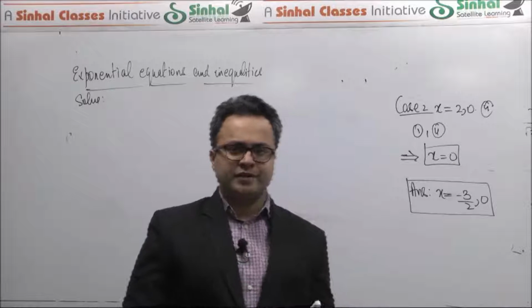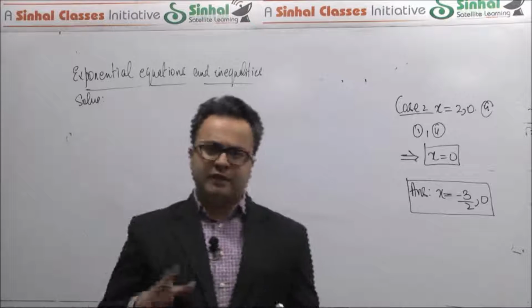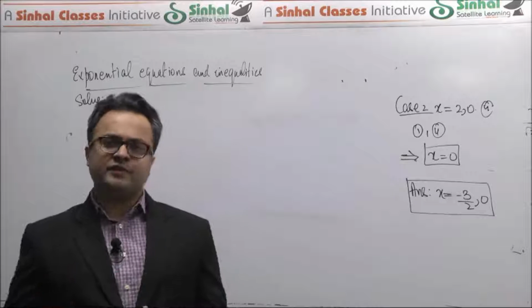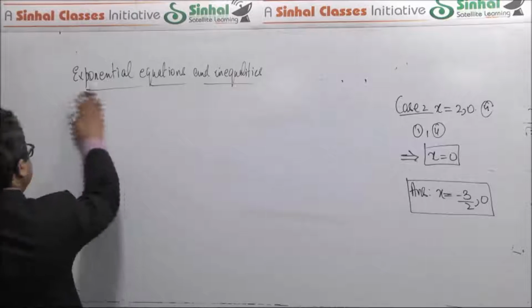When you're solving equations or inequalities, if some value of the variable gives you a term of the form 0 raised to 0, then such a value has to be rejected.